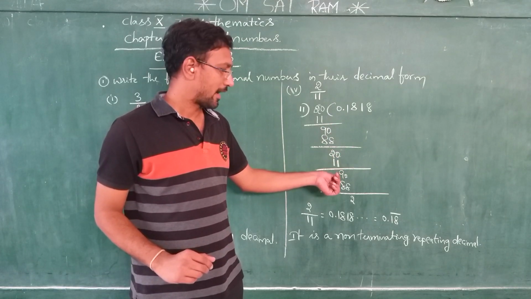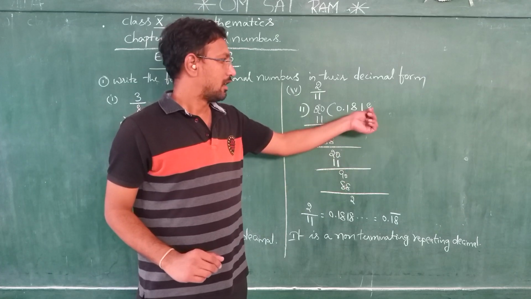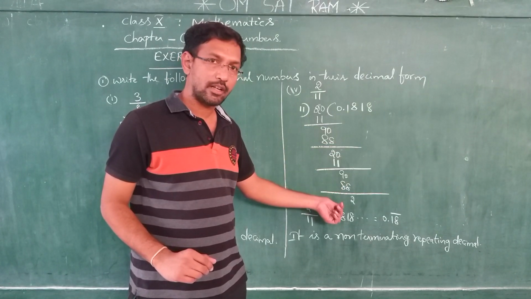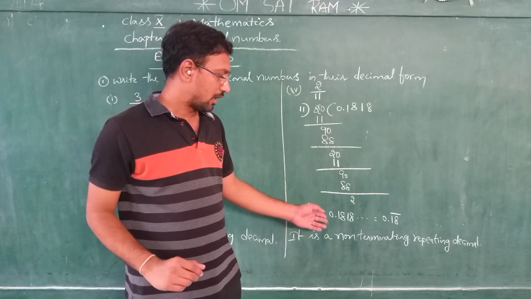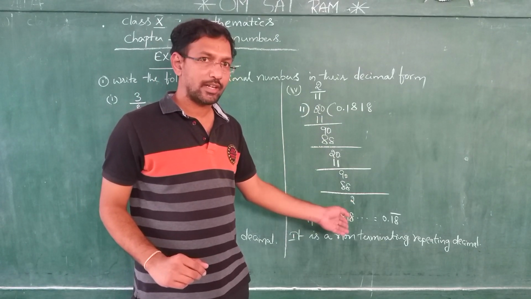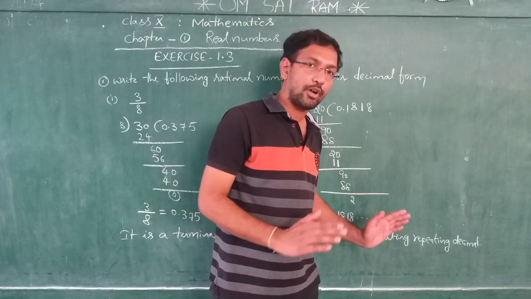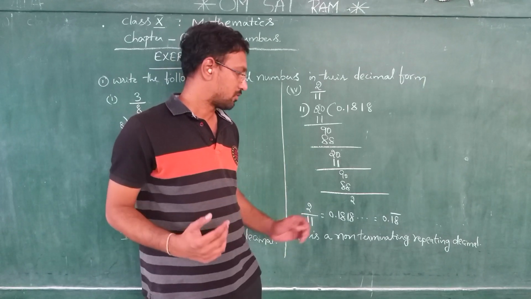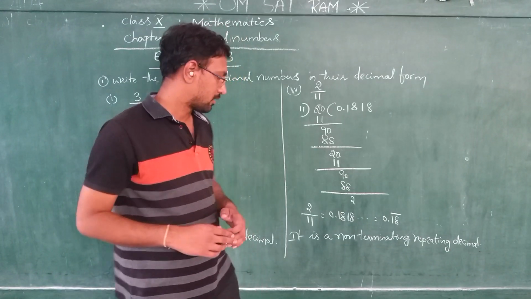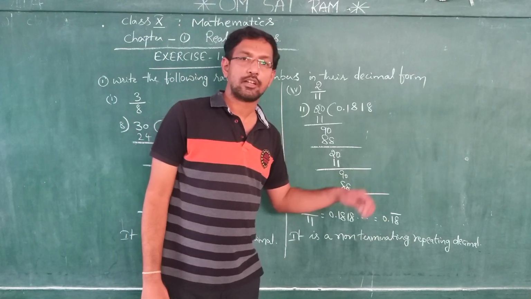Again remainder is 9. 11 8s are 88. Remainder is 2. It is continuing. So 2 by 11 equal to 0.1818 and so on, that equals 0.18 bar. 18 is repeated so many times. So 0.18 bar. It is a non-terminating repeating decimal.